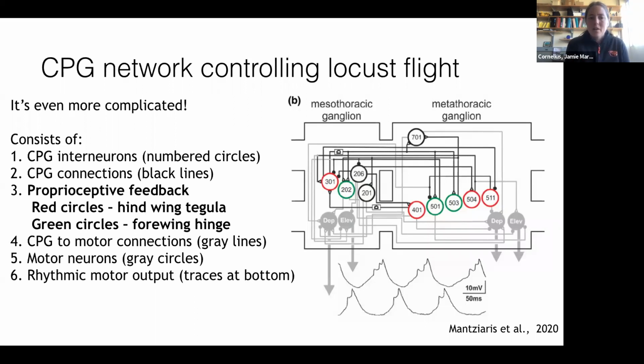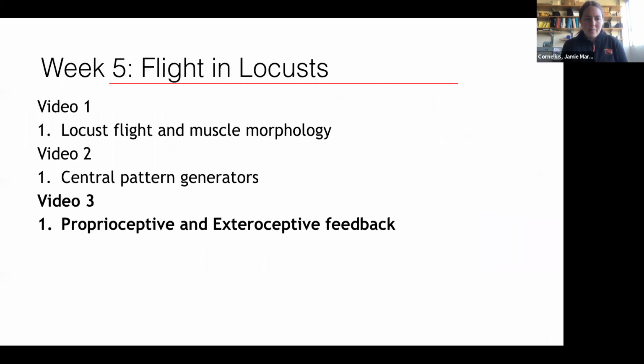The red circles are interneurons that receive information from the hindwing tegula. The green circles are interneurons that receive information from the forewing hinge. So you have inputs where there is opportunity for sensory information to change the output of the central pattern generator. And that's where we're going to go next in video 3. We're going to talk about proprioceptive and exteroceptive feedback next.